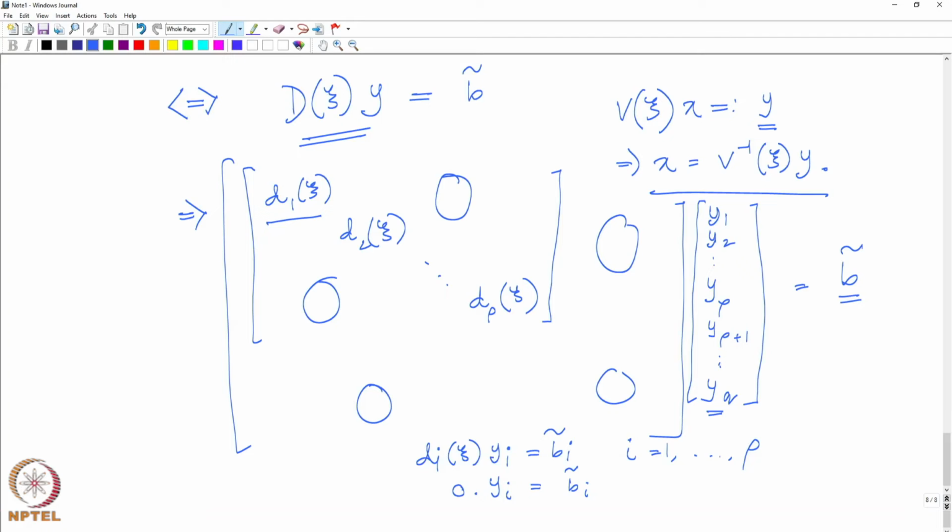These are equations like 0 equals something, so they will have a solution only when the right hand sides are also 0. So just look at this equation and convince yourselves that a solution exists if and only if b rho plus 1 tilde up to b q tilde all must be equal to 0.